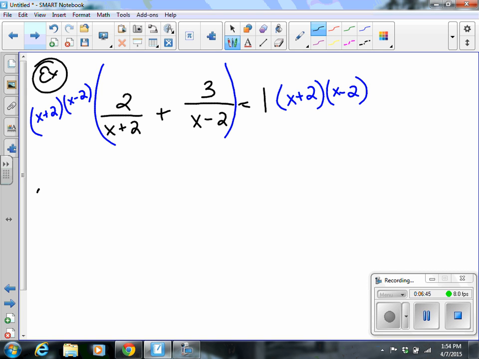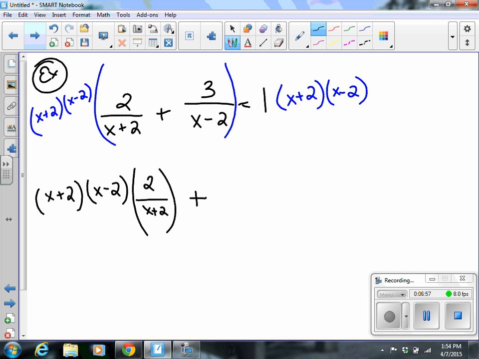That's okay. So I have x plus 2 times x minus 2 times 2 over x plus 2. So it's like I'm distributing, but yet I haven't really distributed yet. Okay, so what I've distributed is that blue part on the outside, but I actually haven't truly multiplied anything yet.